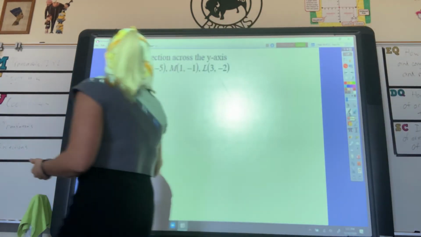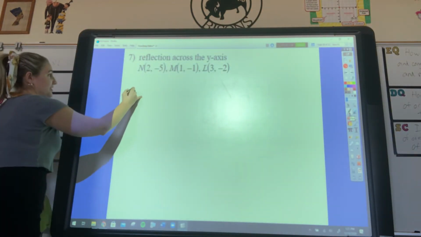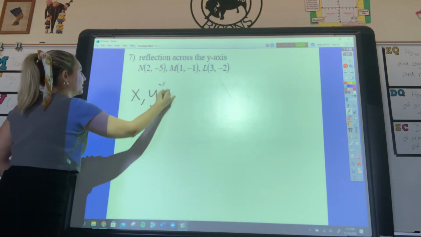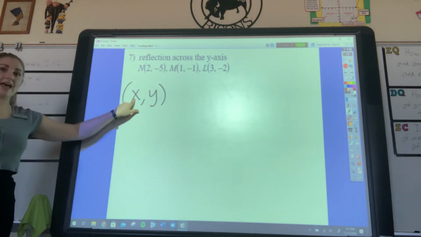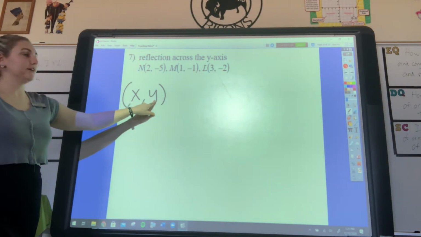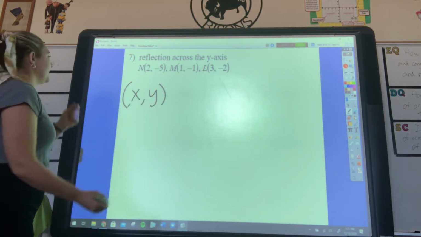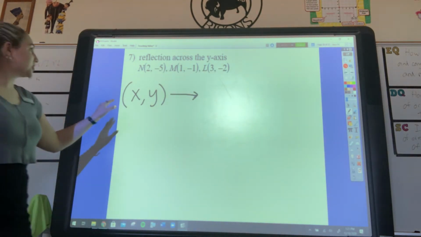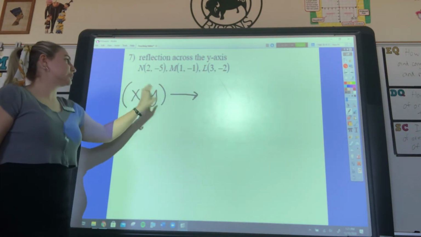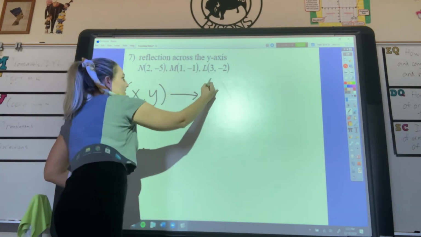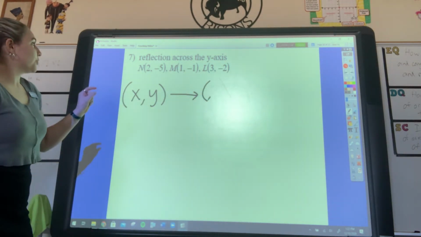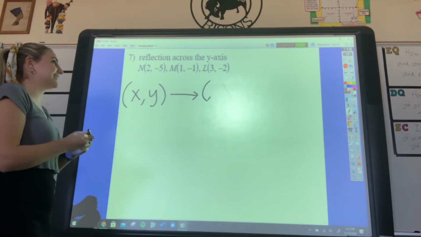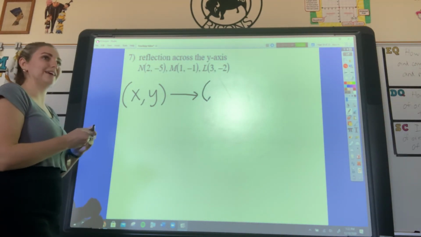So with transformations, just like we did in translations, we start with an original coordinate pair, remembering that x comes before y. So we have a coordinate pair x, y. And this arrow, which indicates a transformation, means we're taking some original amount and transforming it to something new. So we have to do something with the x or the y.